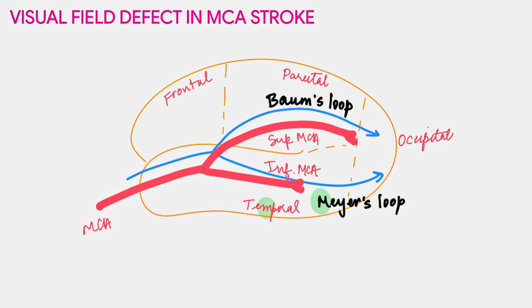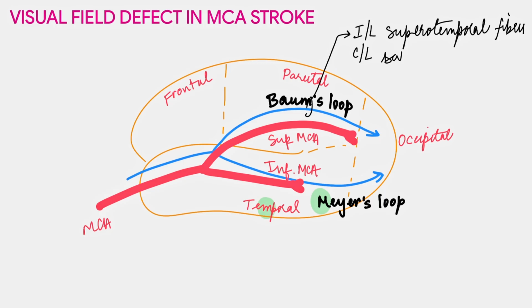Now, the most important thing, if I ask you, what is the Baum's loop carrying? Based on the previous knowledge in PCA stroke, the fibers will be almost the same. So you'll have ipsilateral temporal fibers. Now, since it is superior, the Baum's loop, compared to Meyer's loop, is carrying ipsilateral superotemporal fibers and contralateral superior nasal fibers.